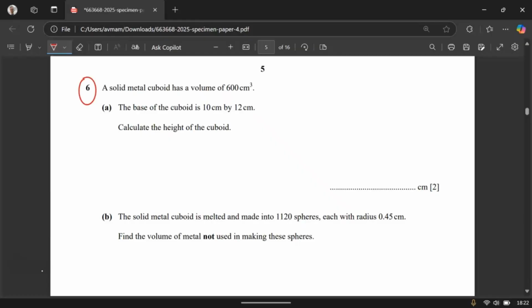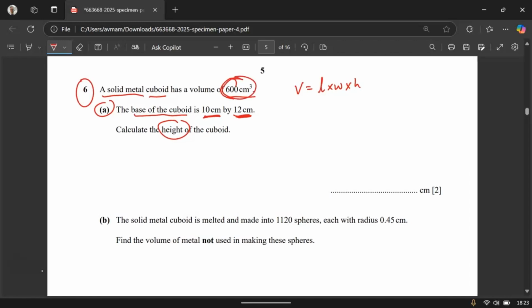Question number 6. A solid metal cuboid has a volume of 600 cubic centimeters. Part A says the base of the cuboid is 10 centimeters by 12 centimeters. Calculate the height of the cuboid. To find the volume of the cuboid, we use the formula length times width times height. So let us substitute the values. We know volume is 600 cubic centimeters.